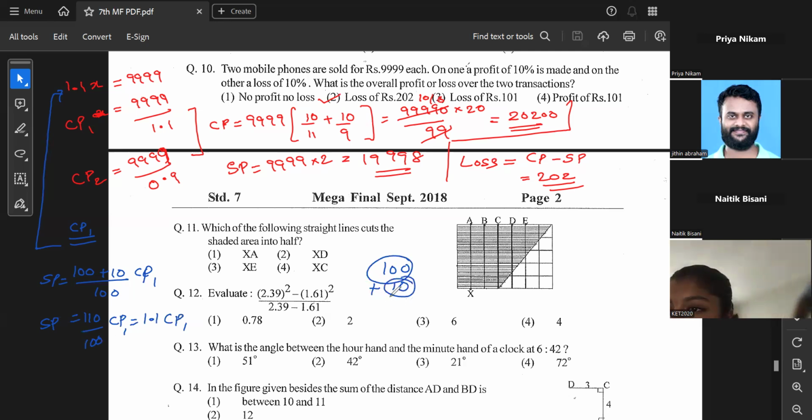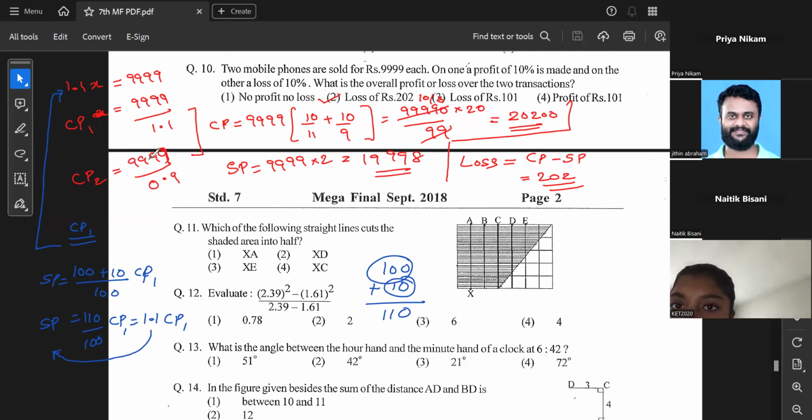So the total selling price is going to be 110, right? Yeah, got it. So hence 100 was your cost price, 10 is your profit, total 110 percentage will be your selling price. And that is nothing but 1.1. Then I took this 1.1 to the denominator of the selling price. That's how I got cost price is equal to selling price upon 1.1.